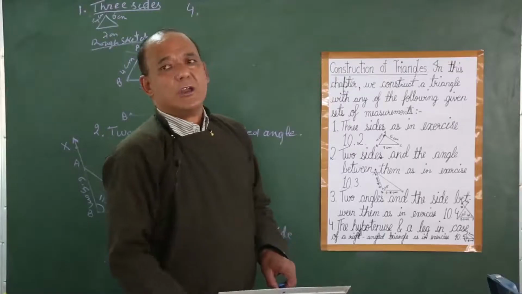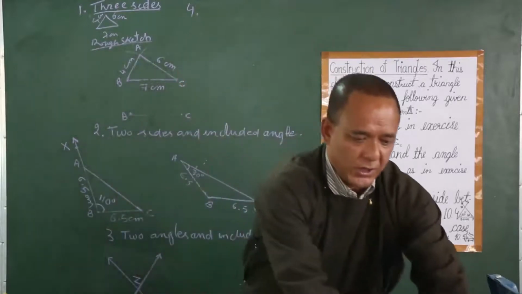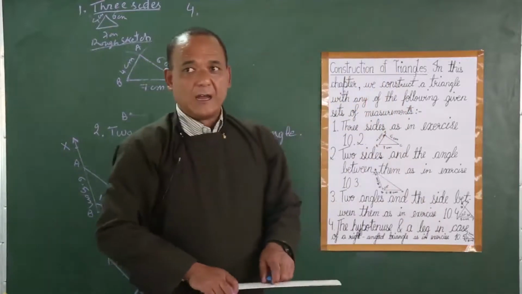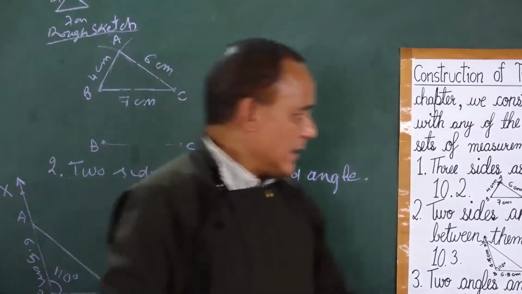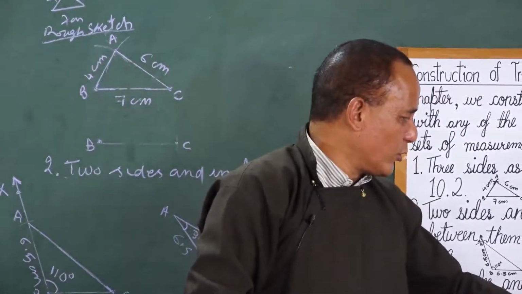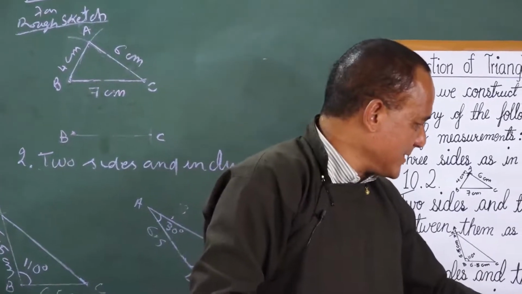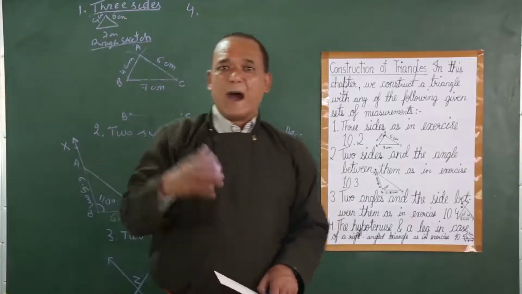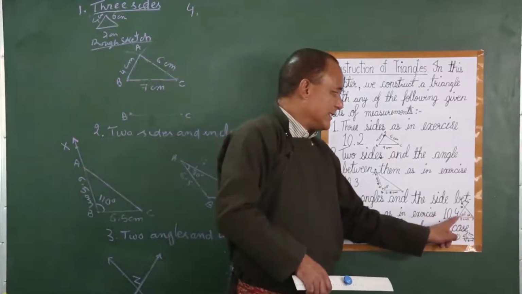But still, if you want to understand it more properly, you can try yourself when the sides are not included. When the sides are not included means this side and this side. For example, this is 5 centimeter, and then you have 66. You try to do that if possible, but in our text, we are only limited to this one.